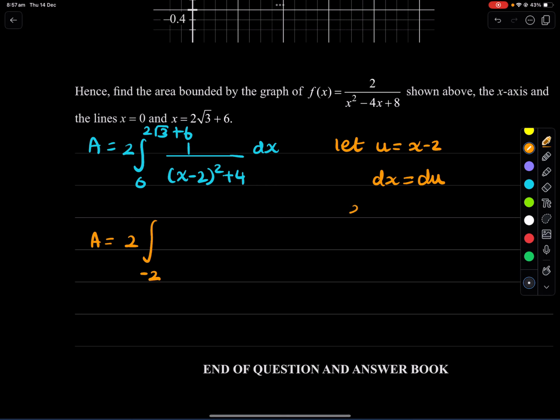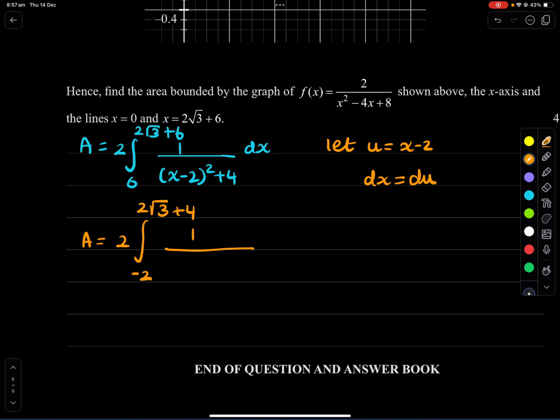And if I sub in 2 root 3 plus 6 minus 2, it will just be plus 4. Let's write that down: 2 root 3 plus 4. So it'll be 1 over u squared plus 4, multiplied by du.